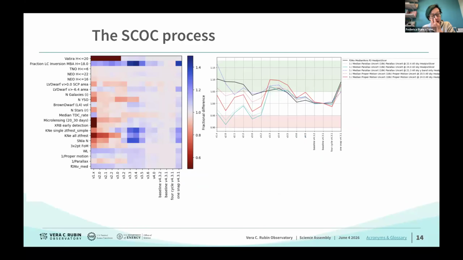The process works by looking at scientific-driven metrics that you, the community, write through the metrics and looking at how a simulation improves or damages the performance on those metrics. So here is an example. You have a bunch of metrics on the y-axis. For example, solar system metrics at the top, TNOs, NEOs, specific populations, lightcurves for solar system objects.